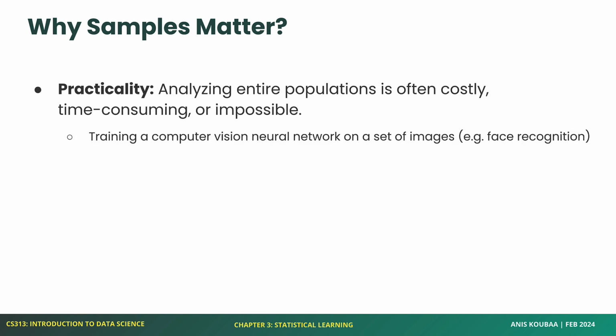Now, imagine that you do a deep learning project and you want to develop a computer vision neural network for face recognition. What will be our population? The faces of the entire humanity. That's impossible if you want to make something that detects every single person. And if I want to increase my data set to be much larger, that's going to be costly.